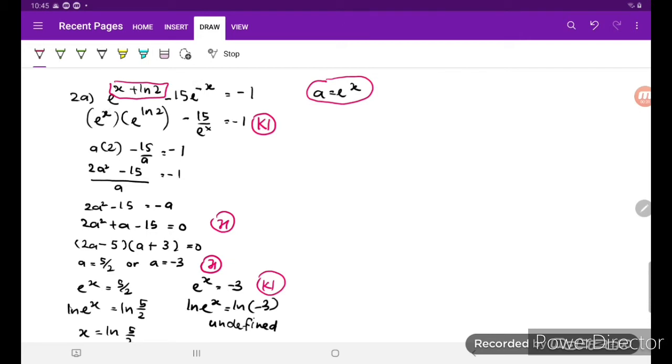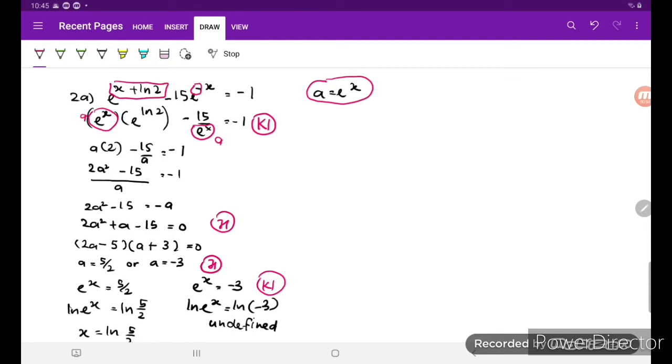Okay, and then for this one, because it has negative, put it below, write it as a ratio. 15 over e to the power of x, so that this one will be a, then this one will be a also.